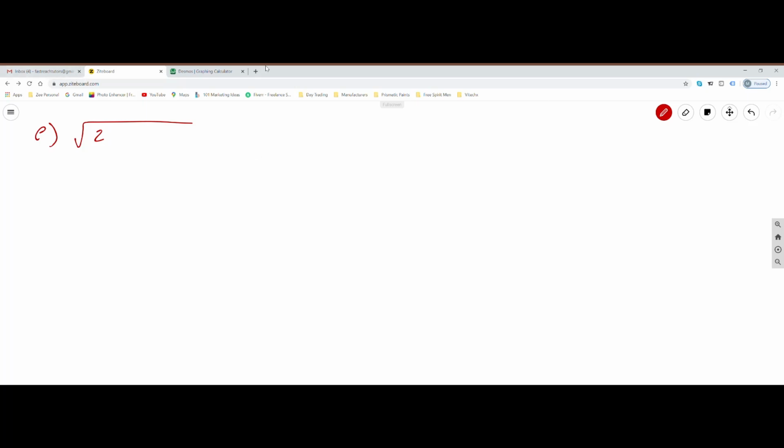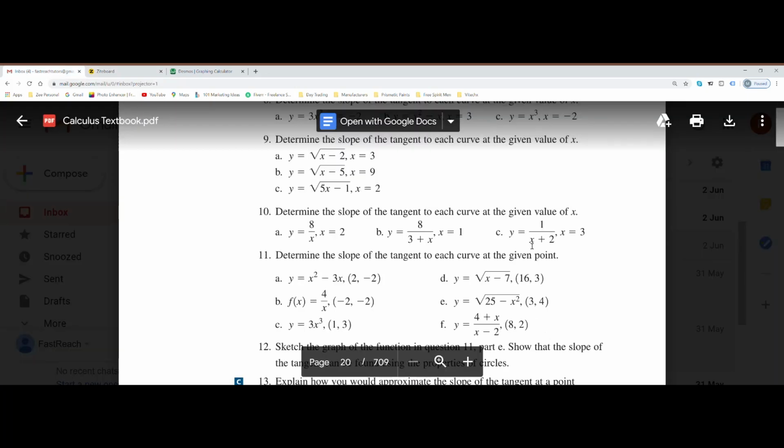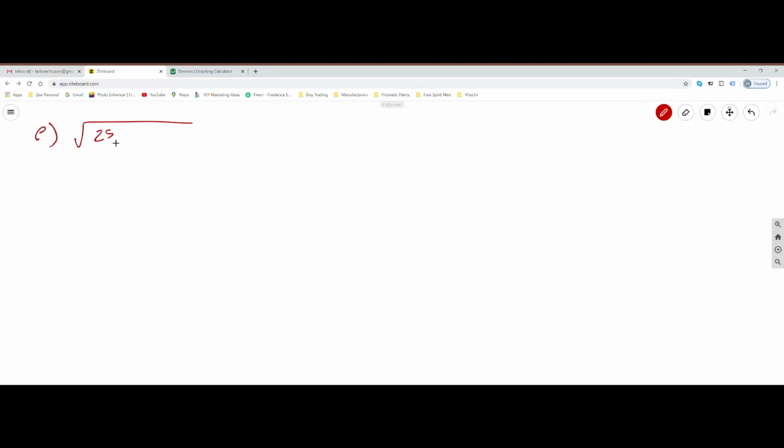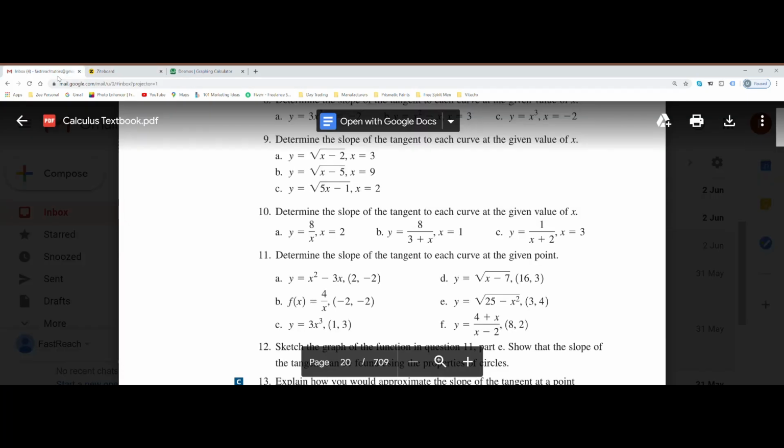So the next question is square root of 25 minus x squared. So the points are 3 and 4.